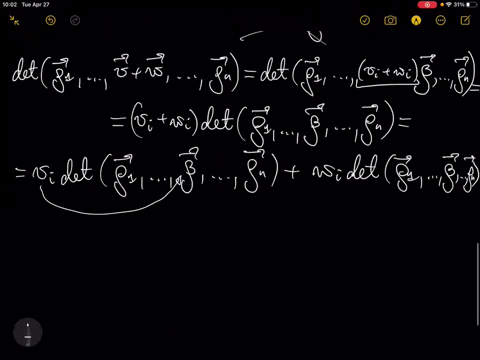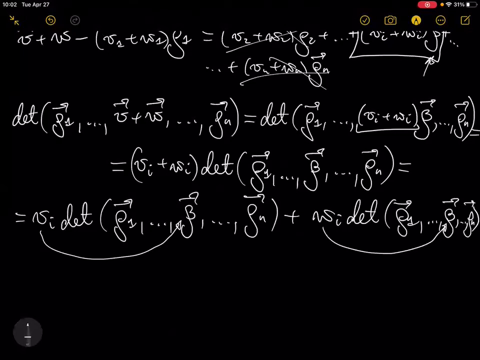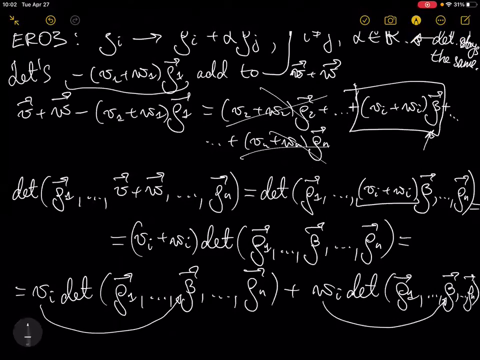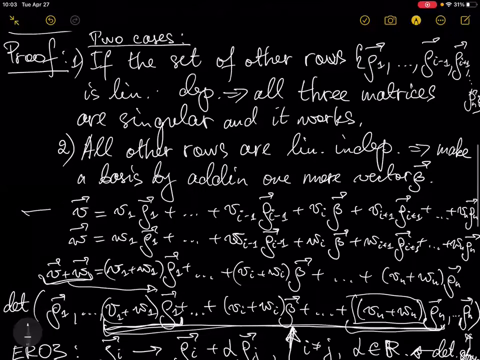And this I will bring there. And then I will reconstruct back V and W by adding these, then these, because I know that the determinant doesn't change under elementary row operation number 3. And I essentially reconstruct my V and W inside.